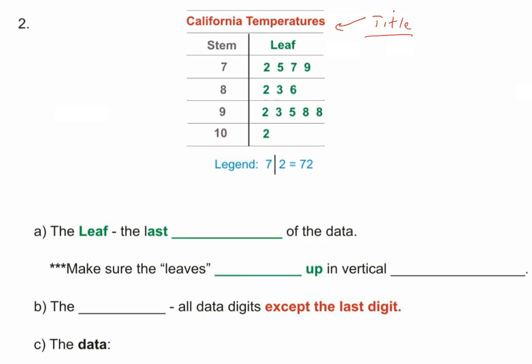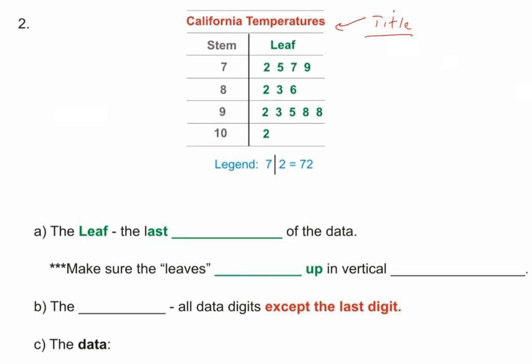They rarely will use the word stem. I have it there so you understand that the left-hand side are the stems. Rarely will they have the word leaf, but again, I have it there so you understand that the right-hand side are the leaves. Talk about them again in a moment.